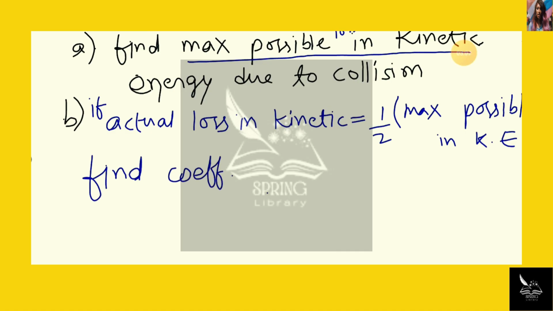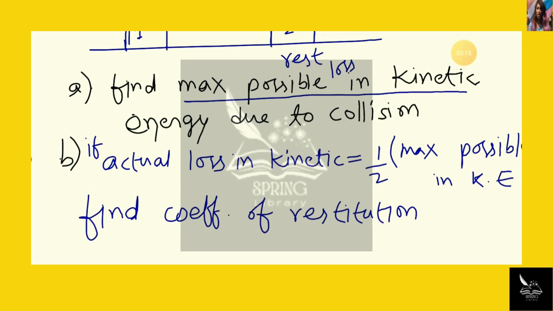So now let's start answering this question. Here first I will solve part A, then after it I will answer part B. In part A we have to find the maximum possible loss in kinetic energy due to collision.